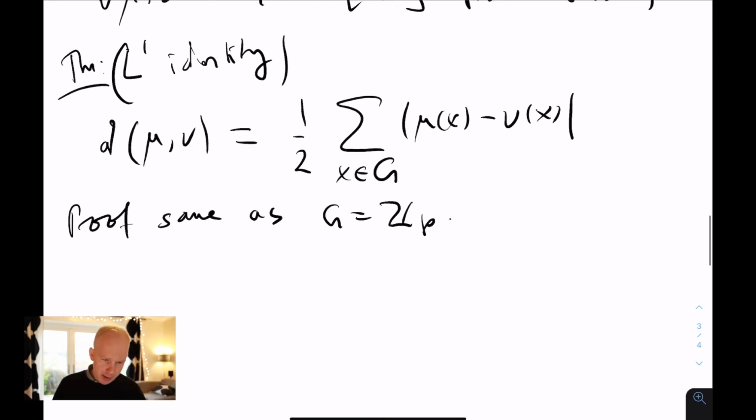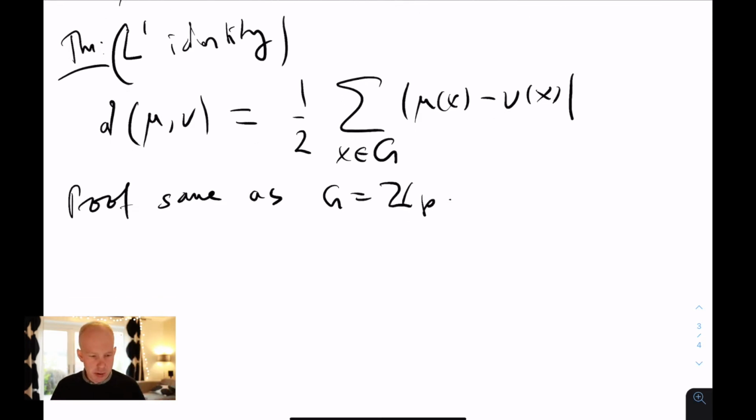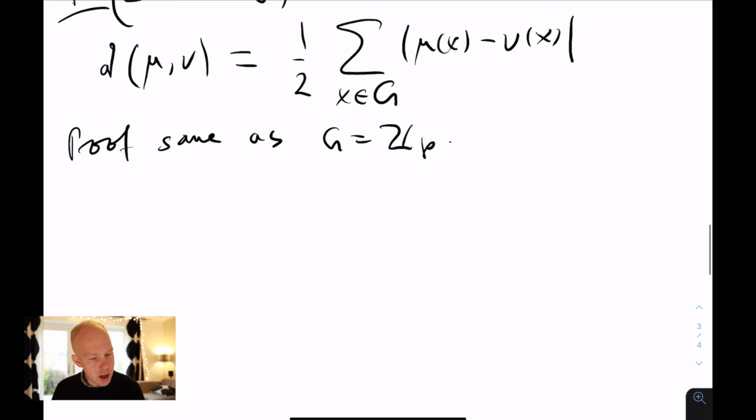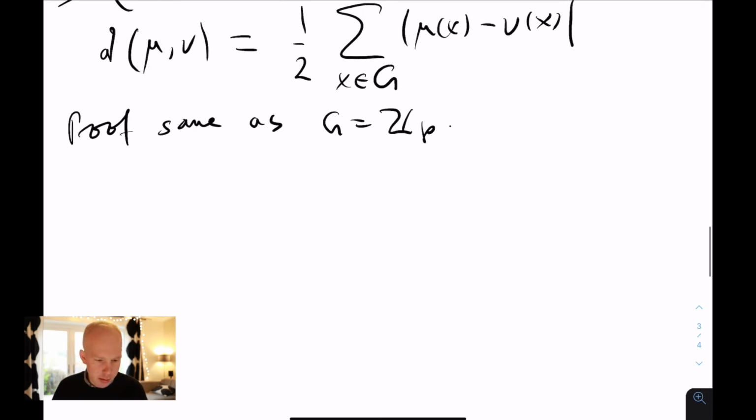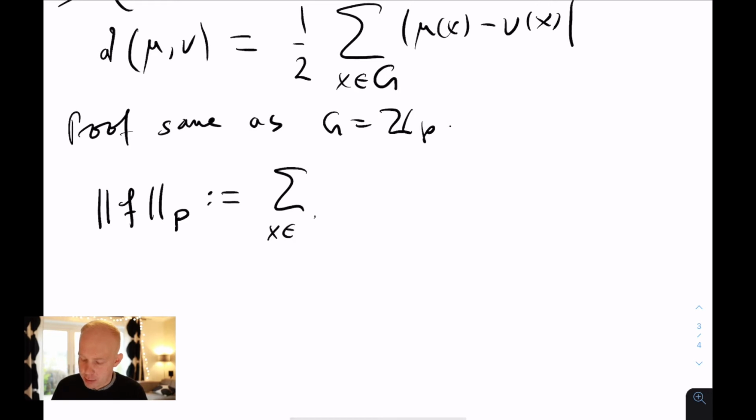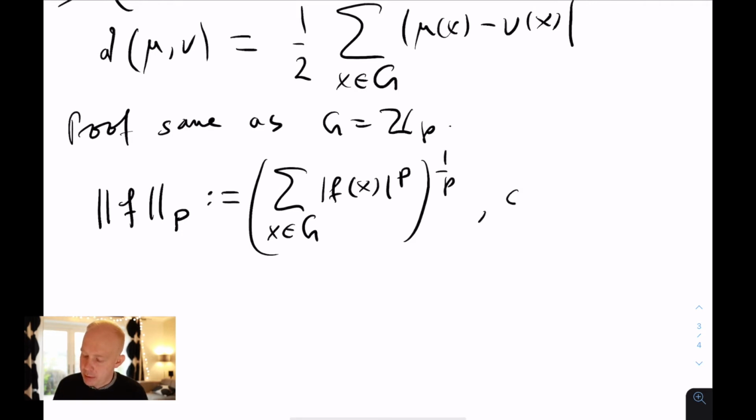So now, once you have this setting, if we want to compute events, we can start to compute these quantities. In the same way, you could, for example, define the L^p norm. If f is a function, we define its L^p norm as the sum over x in G of the absolute value of f of x to the power p, all to the power 1 over p, for any p between 1 and infinity.